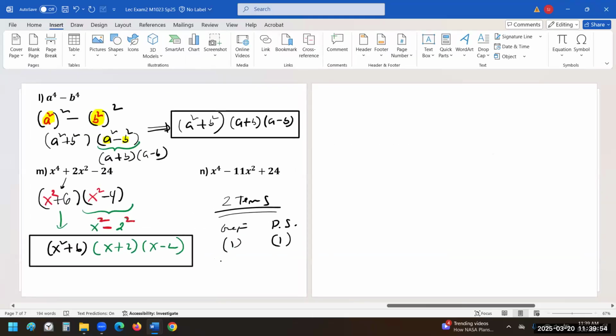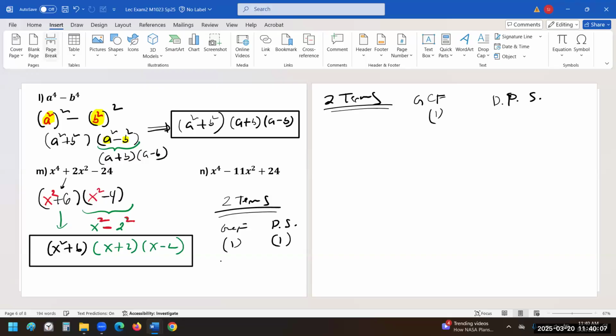Two terms have two choices: either it's GCF or difference of perfect squares. So one from here, one from there. When you have three terms, you have either direct factoring, or you have AC and trial and guess. So 1, 1, 1. I'll give you three questions from three terms.